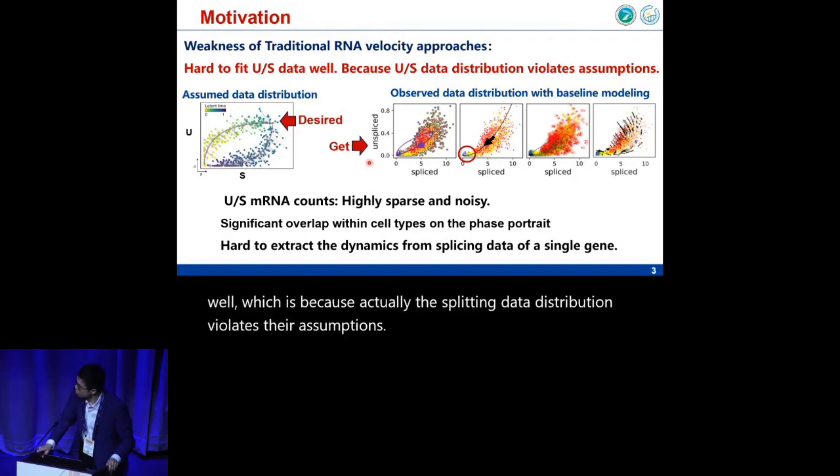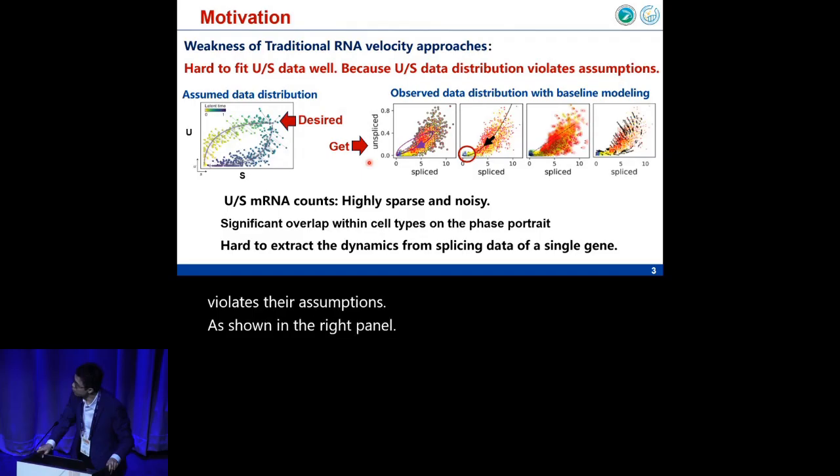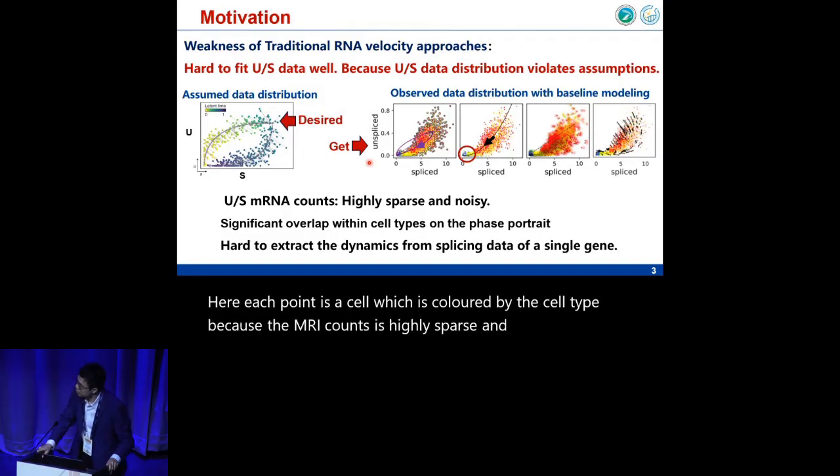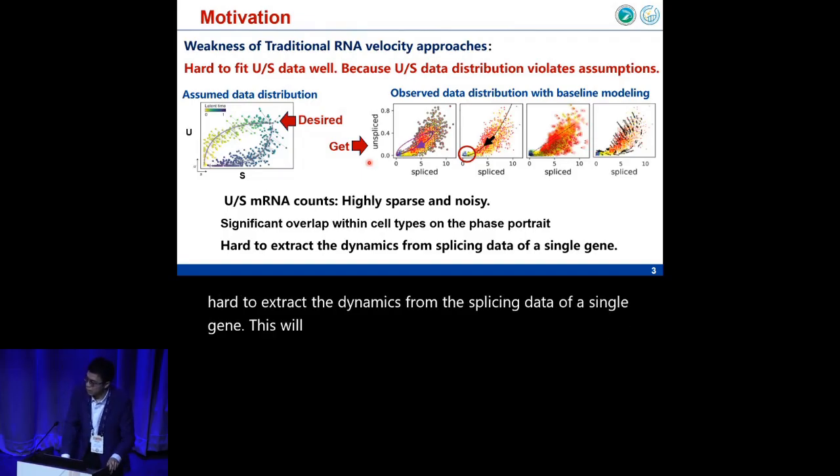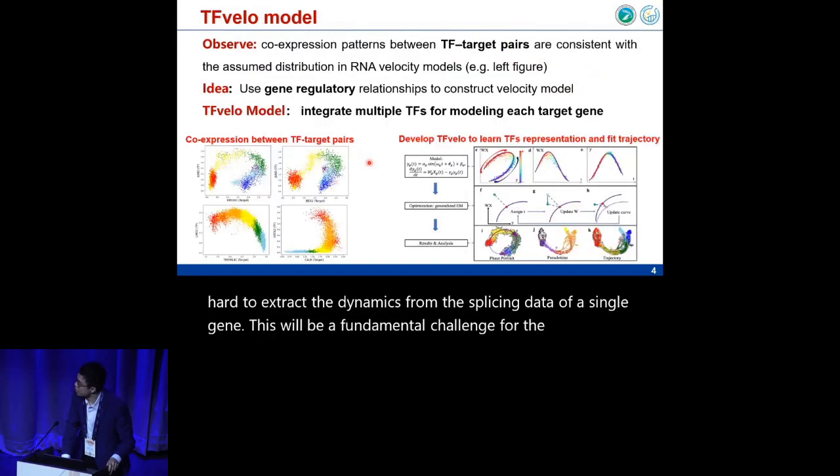As shown in the right panel, each point is a cell which is colored by the cell type. Because the unspliced mRNA count is highly sparse and noisy, there is significant overlap within cell types on the phase portrait. So it's hard to extract the dynamics from the splicing data of a single gene. This will be a fundamental challenge for the RNA velocity methods.